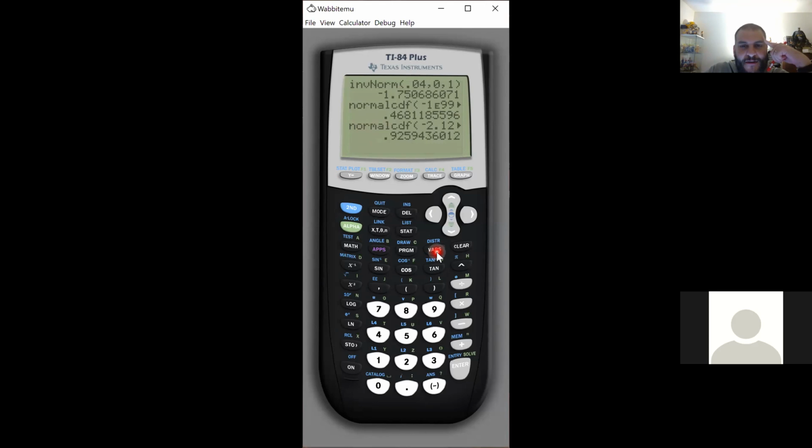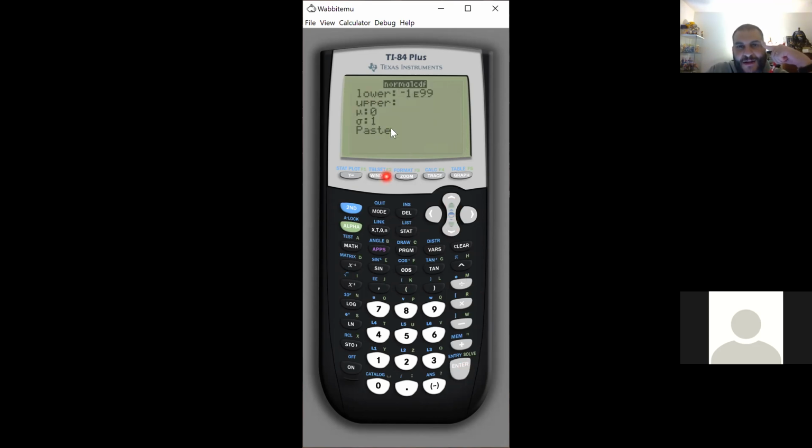Then you go right here where it says VARS. If you look at option number 2, that's normal CDF. Let me do that again in case you got lost. You hit second, you hit VARS, you go right here, number 2, where it says normal CDF.